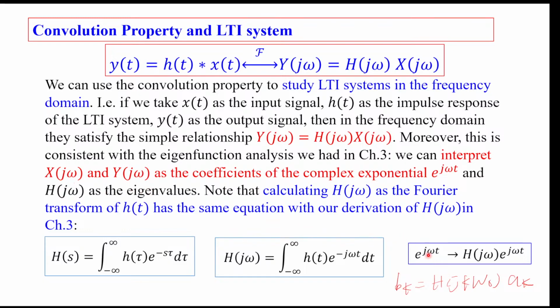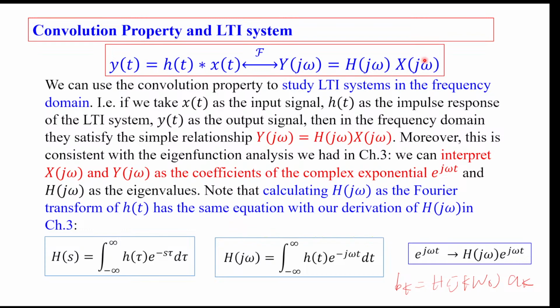But in chapter 4, now our signal is aperiodic, and our Fourier spectrum is continuous on any omega. So we are not restricted to this AK and BK, and we have this for big X and big Y, and they are still related by big Y equal to big H times big X.